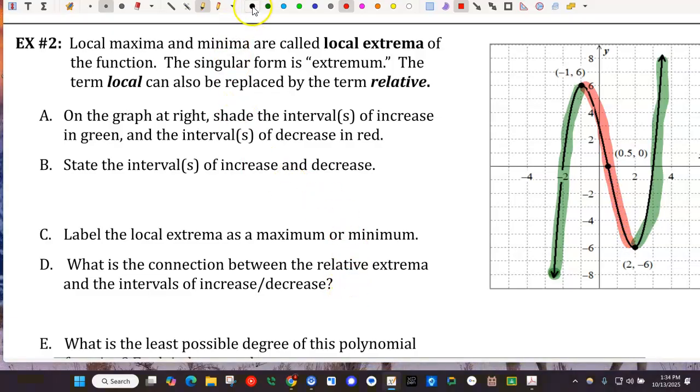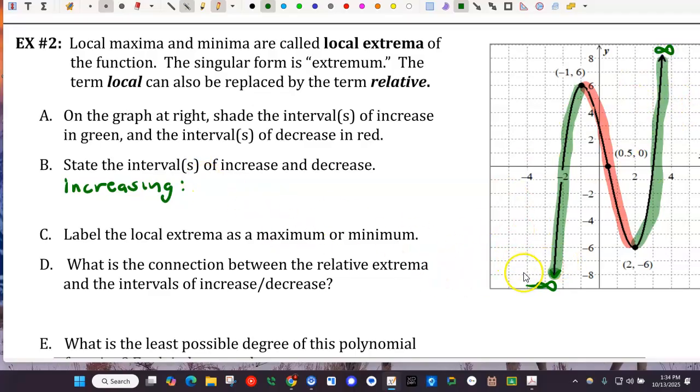There we go. And this, it says state those intervals. What are they? So where is it increasing? Two different places. I'm just going to write the word increasing with a colon. And since this goes down with an arrow, that's considered negative infinity. This will be considered positive infinity because it goes left forever and right forever.